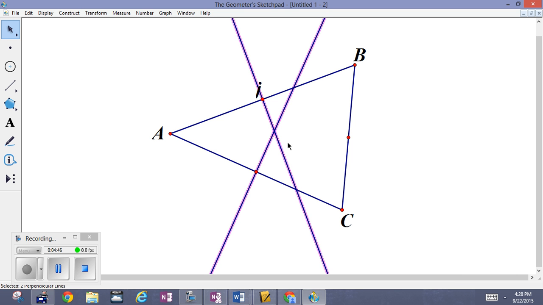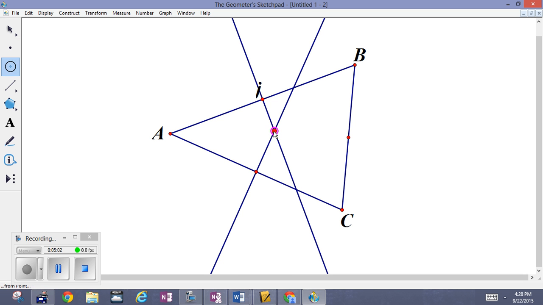And basically, I don't even have to find the third; it's guaranteed to fall in there. So in other words, I took the perpendicular bisectors of the sides and found their point of intersection, which is the center of the circle.